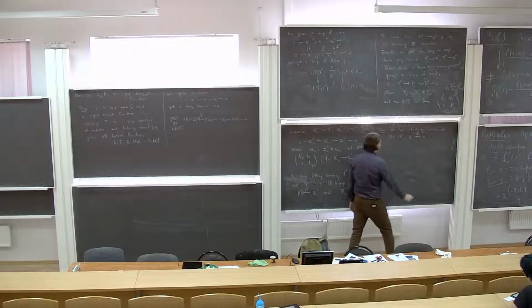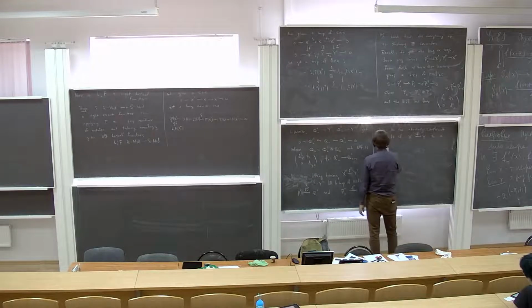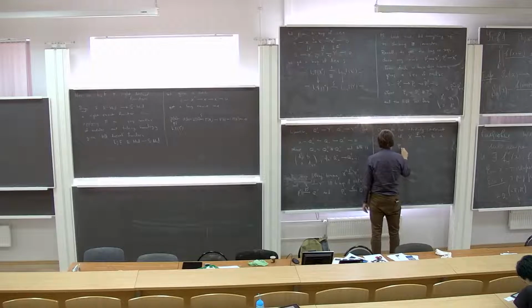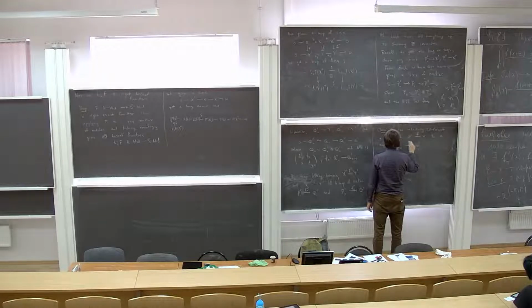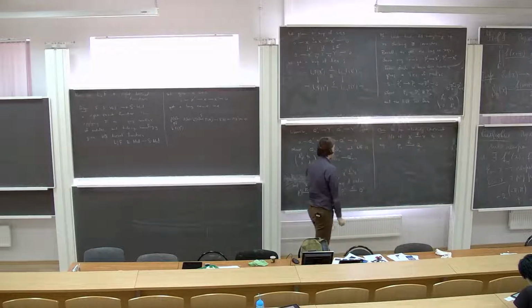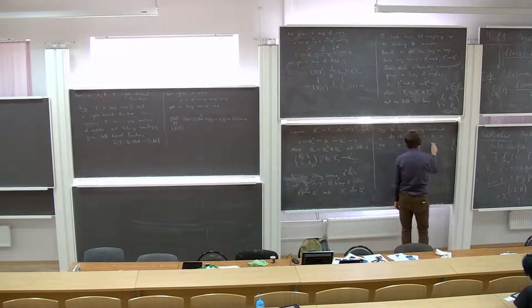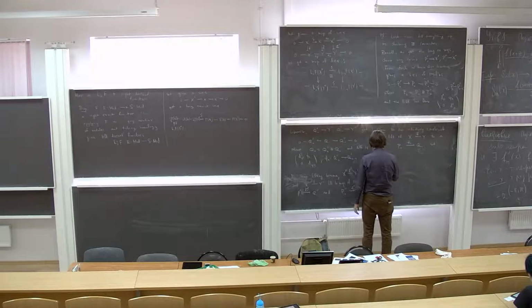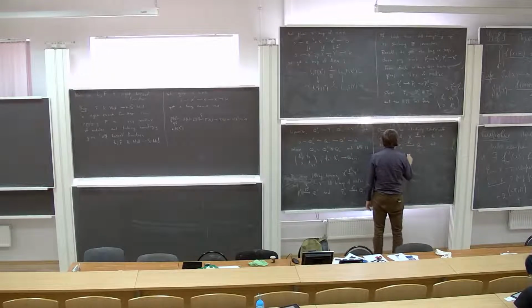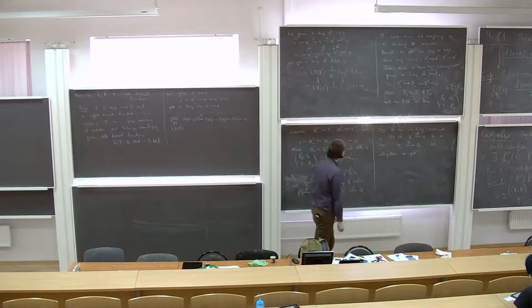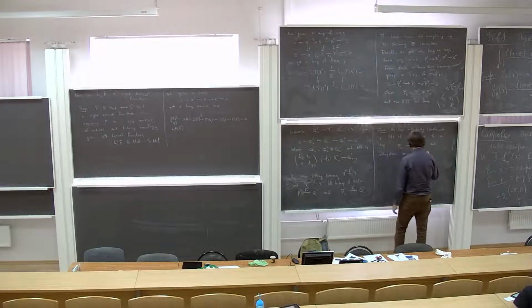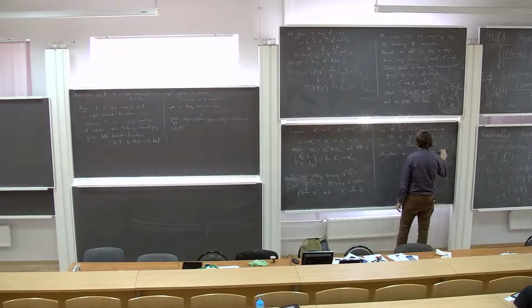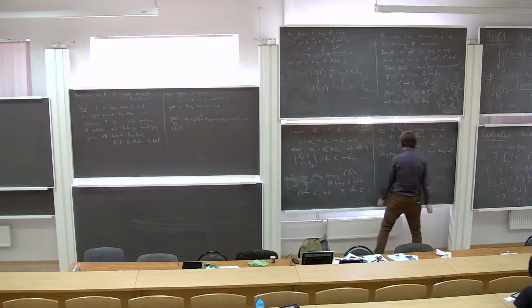from X to Y to a map of resolutions like this, such that altogether we get a commutative diagram of the following form.